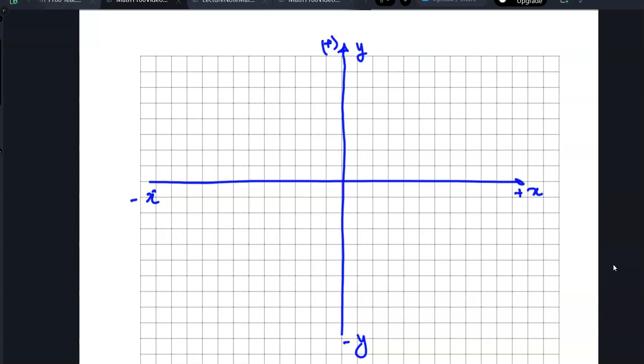If you found 2 points, let's say I found this point and this point. Like I said, you can connect these 2 points and it will form a straight line.